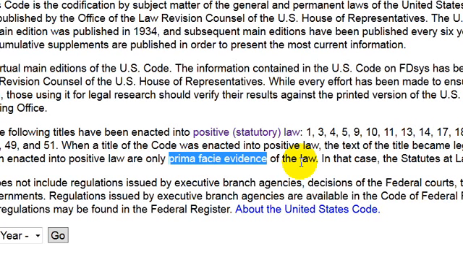Evidence which, if unexplained or uncontradicted, is sufficient to sustain a judgment in favor of the issue which it supports, but which may be contradicted by other evidence.